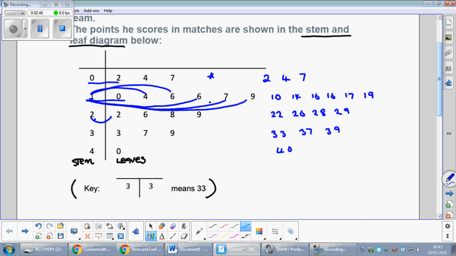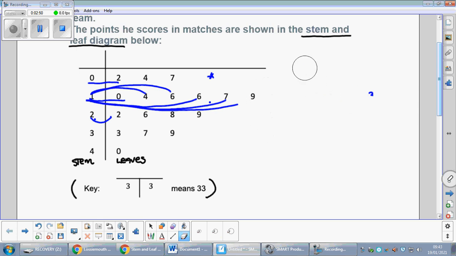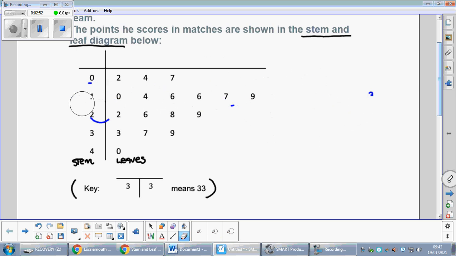Okay, so it's a concise sort of way of storing the information. Now, what can we do with this? Well, we can find the range, the median, and the mode easily.